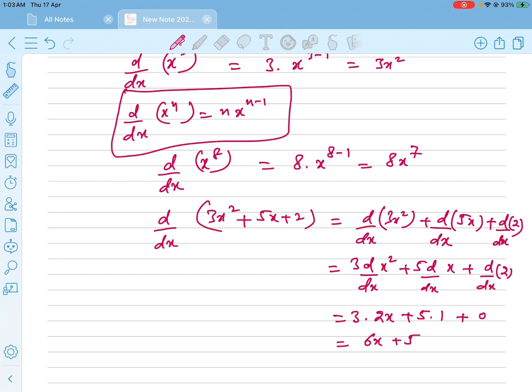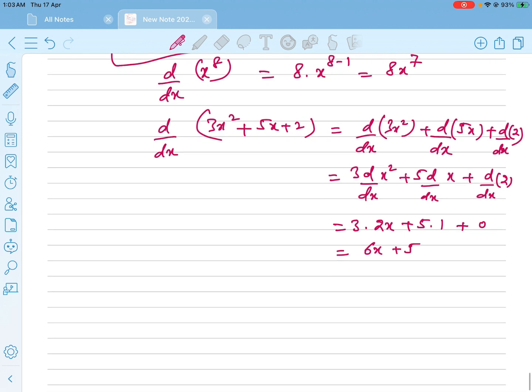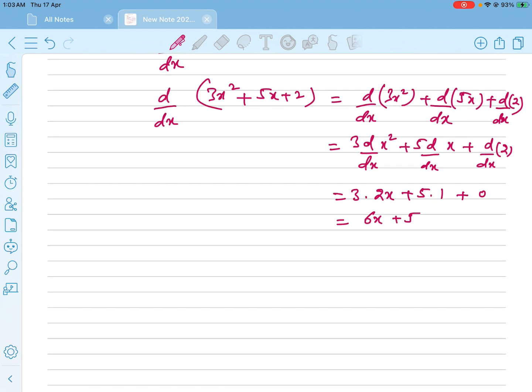I'll give you one more example of a trigonometric function. Say we have derivative of cos 5x. Okay, so in this case, if you have the derivative of cos x, that is minus sin x.